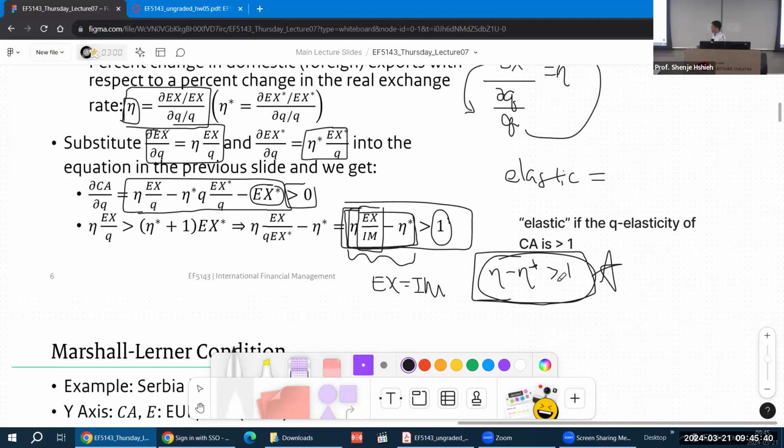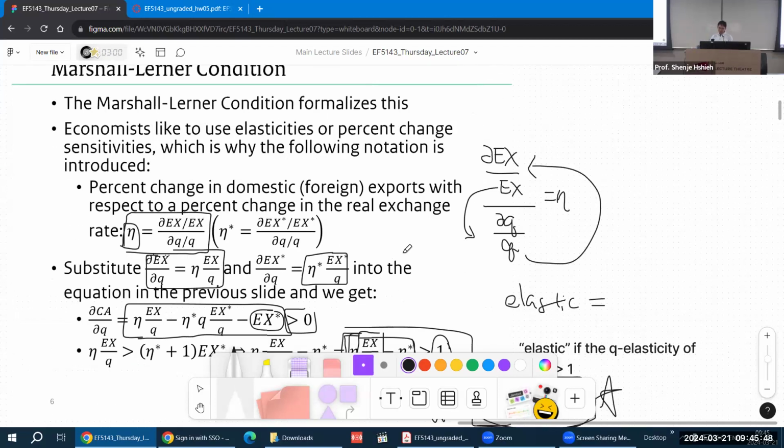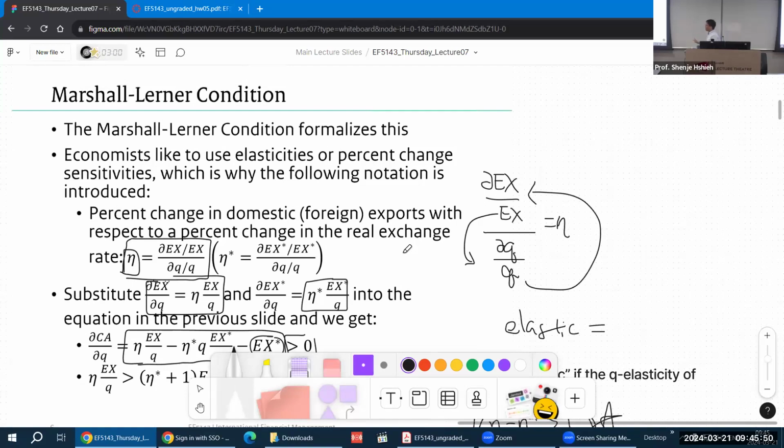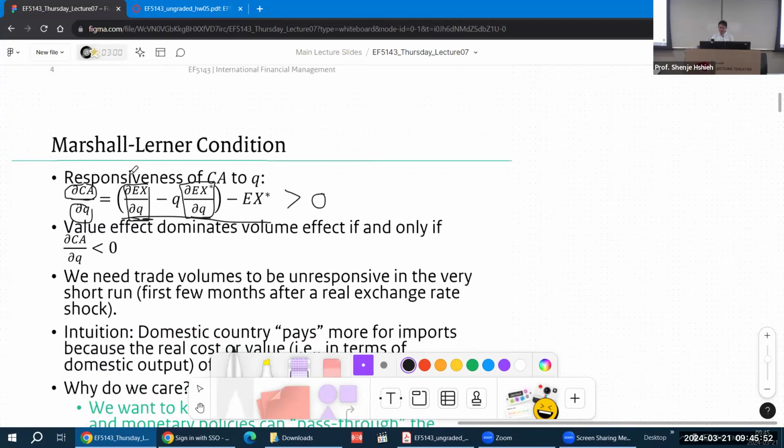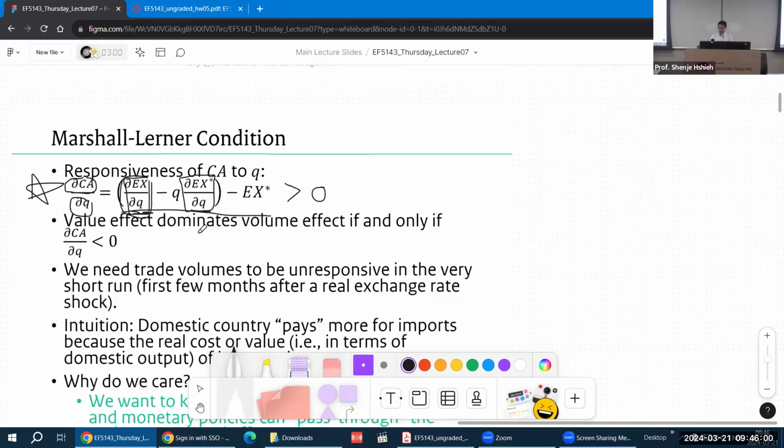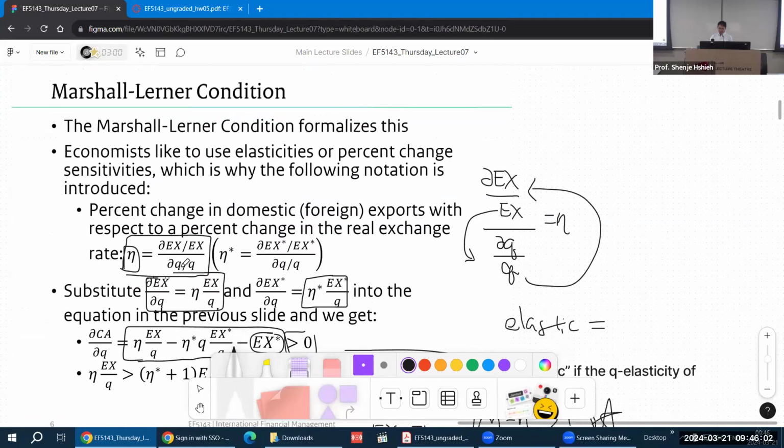I'll talk about this when we get to the slides, but this is a reinterpretation of the Marshall-Lerner condition. So let me recap. I changed nothing, right? I literally just took this equation that we know from the previous weeks. I am replacing these sensitivities with new expressions, namely in terms of elasticities, right?